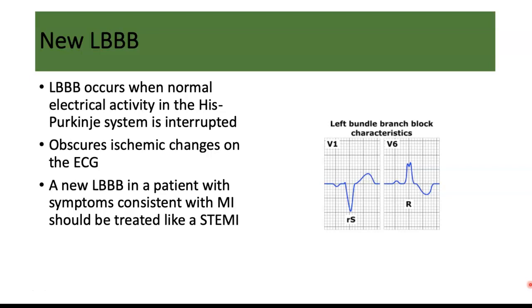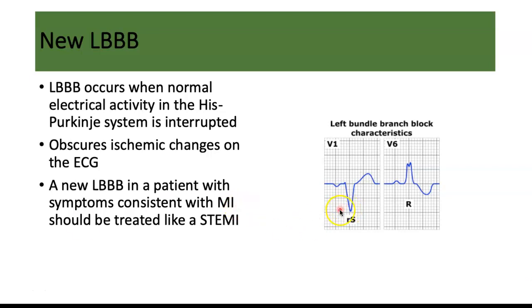The risks may be greater than the benefits for the patient presenting with chest pain. When taken to the cath lab with a new left bundle branch block, studies show that not all patients have blockage of the coronary arteries.